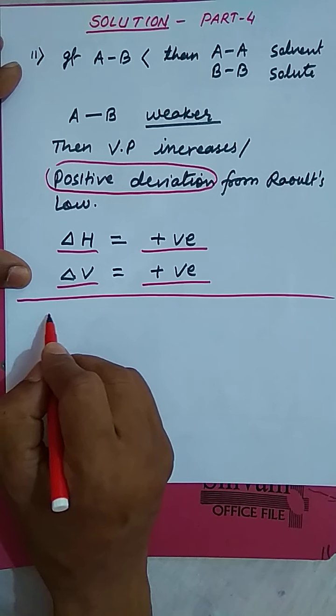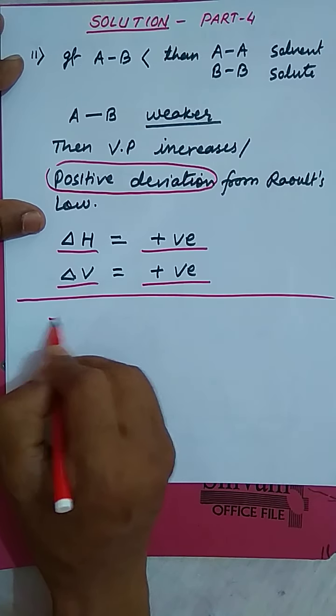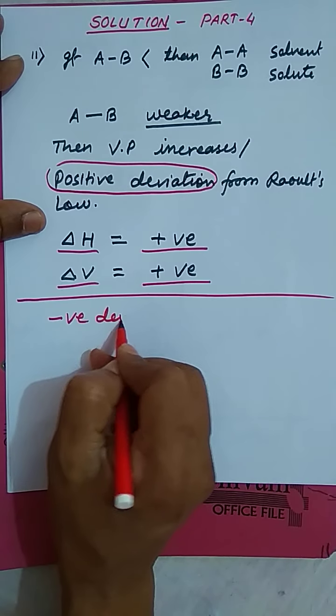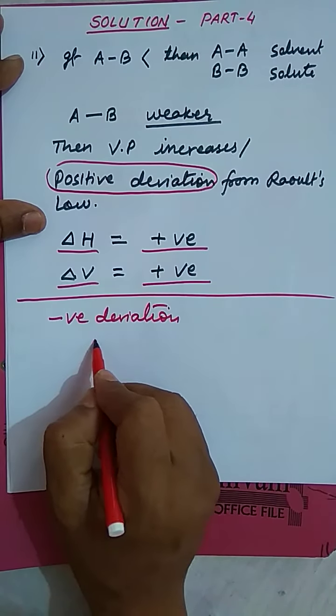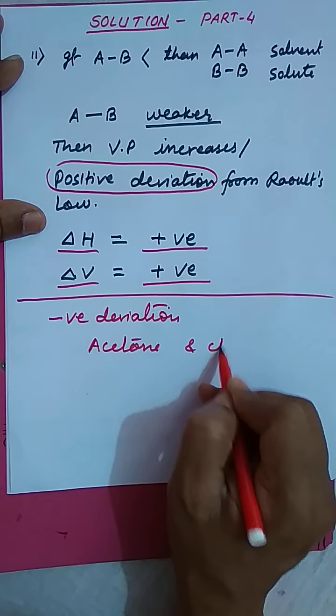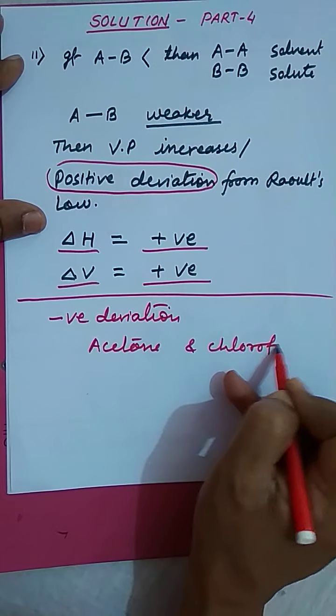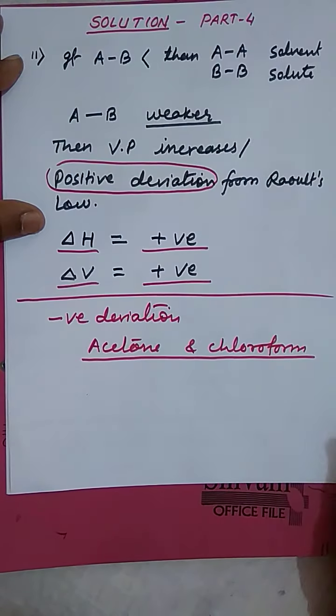First one is the binary solution that shows negative deviation. The mixture of acetone and chloroform shows negative deviation from Raoult's law.